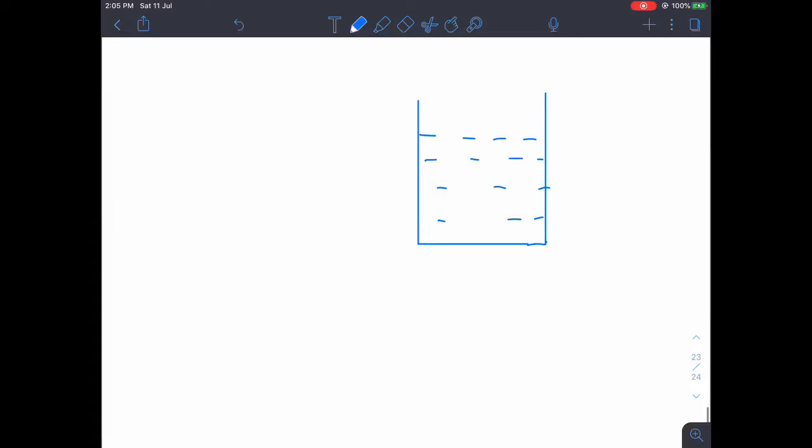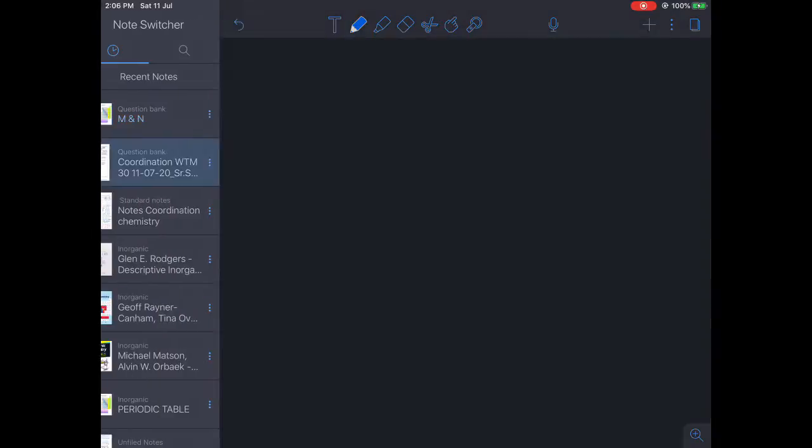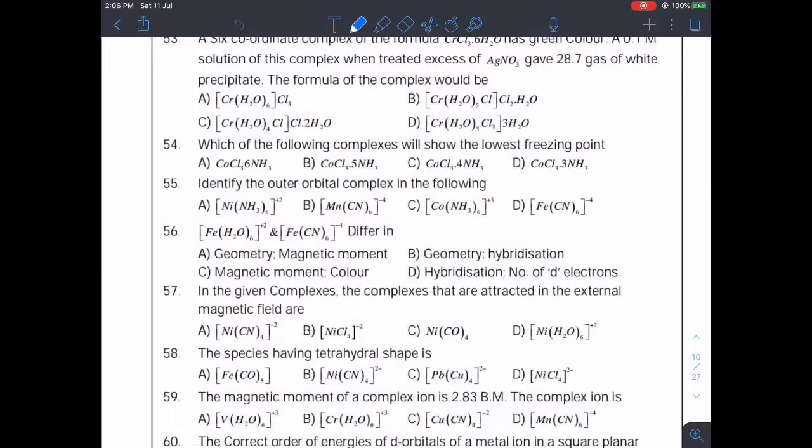the depression in freezing point delta Tf is equal to i times Kf into molality. Suppose the number of moles per kg is the same for all the complexes given. Under those circumstances only can we compare. So if the molality is the same, in which case will we have the lowest freezing point?